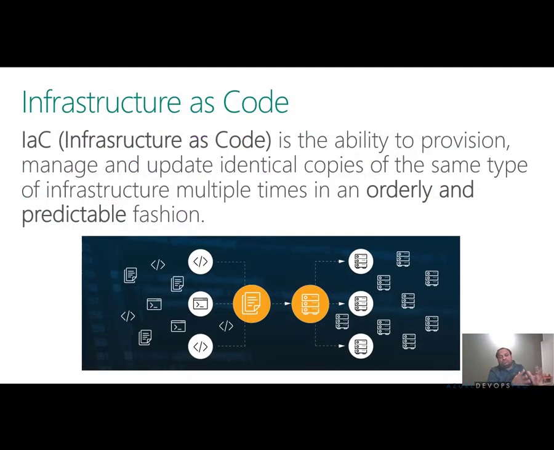Infrastructure as code is the ability to manage and update identical copies of the same type of infrastructure multiple times in an orderly and predictable fashion.